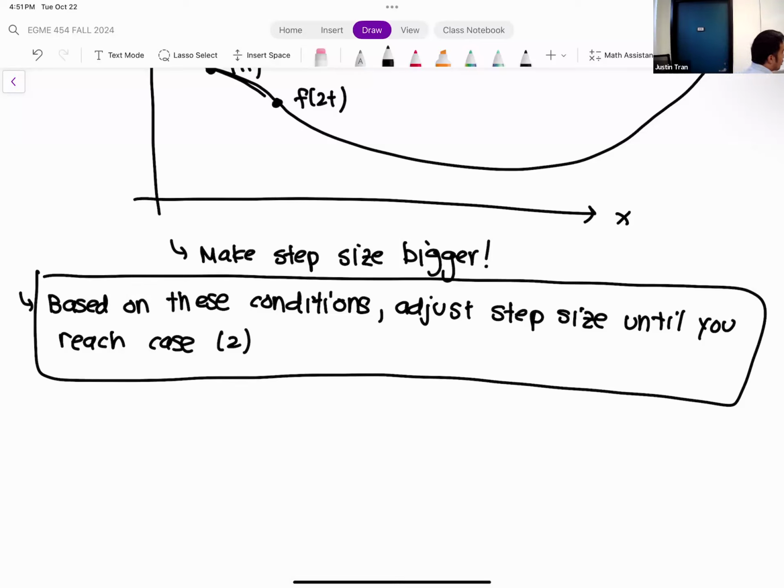All right, so first step in the interpolation algorithm, adjust your step size. Any questions on this?